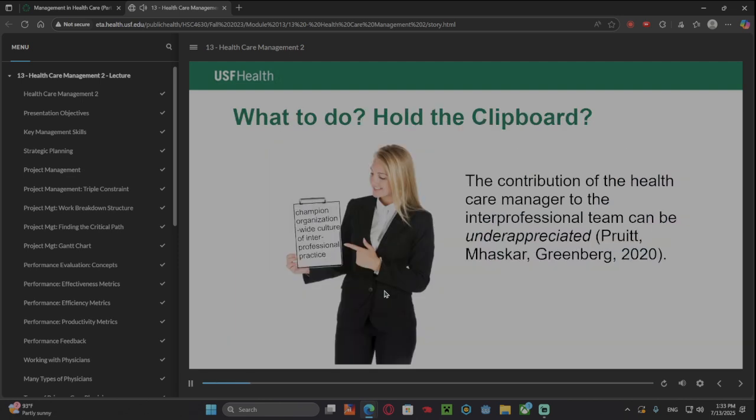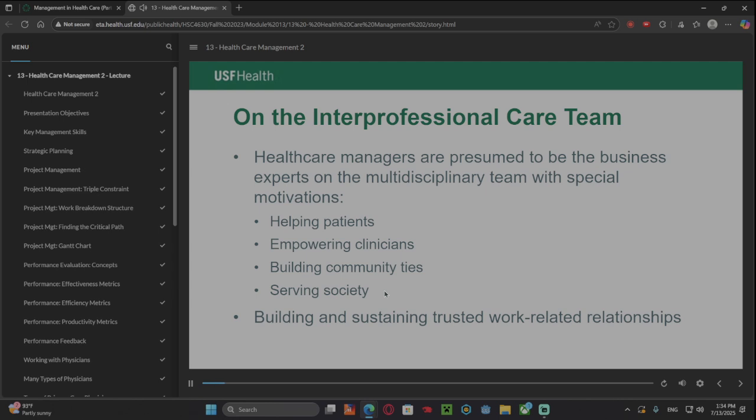And so what is a healthcare manager to do? Hold the clipboard? The contribution of the healthcare manager to the interprofessional team can be underappreciated. But there is a role for us to play. Health administrators can champion organization-wide culture of interprofessional practice. In some ways, the perceptions of healthcare managers are unfounded. The healthcare manager has a role on the interprofessional team, and one that matches the values of many clinicians.